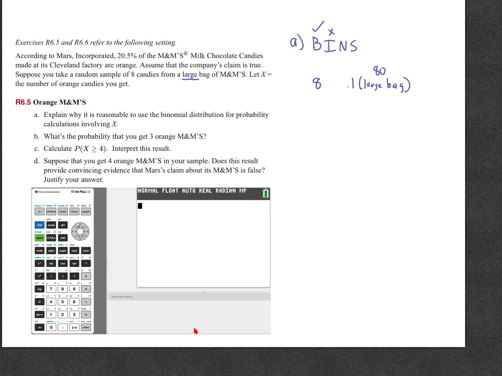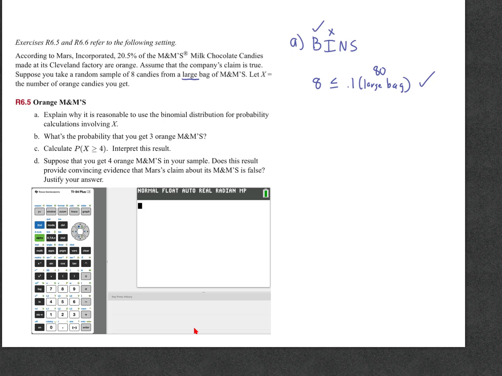If the large bag had 80 or more, then this 8 would be less than or equal to 10% of the population. So I think we'll assume that there's more than 80 M&Ms, since they talk about a large bag. So we're going to say it doesn't pass independent, but it does pass the 10% condition.